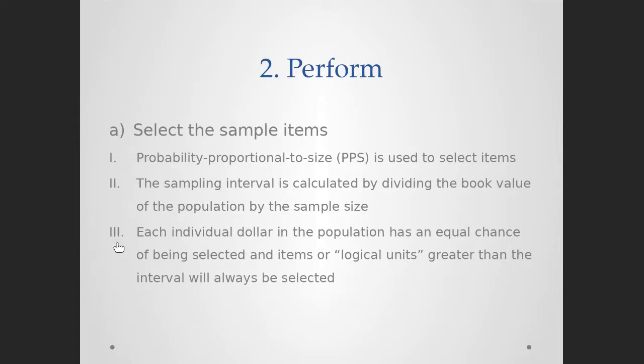The third is each individual dollar in the population has an equal chance of being selected, and items or logical units greater than the interval will always be selected. What does this mean?